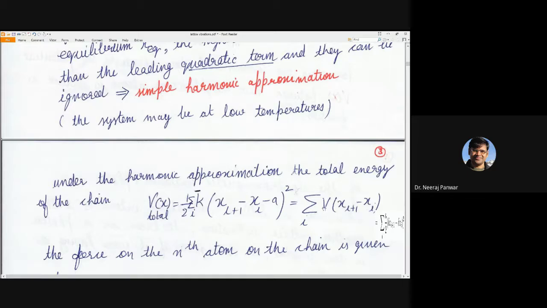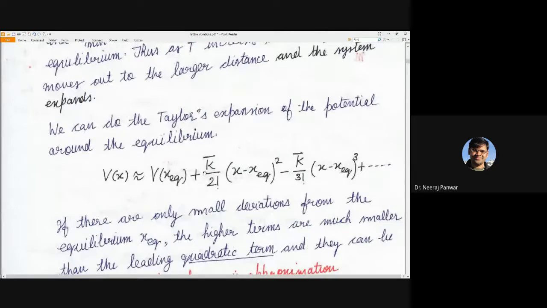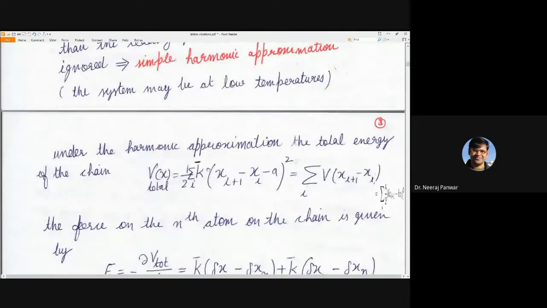If we consider only the second term, the potential energy in terms of the spring constant would be given by 1/2 summation over i of k bar (x_{i+1} - x_i - a) whole squared. It can be written as summation over i of k bar/2 (delta x_{i+1} - delta x_i) whole squared. So this is the potential energy that varies quadratically.